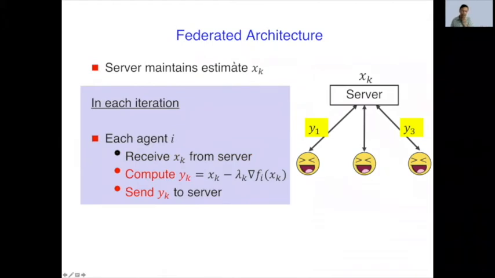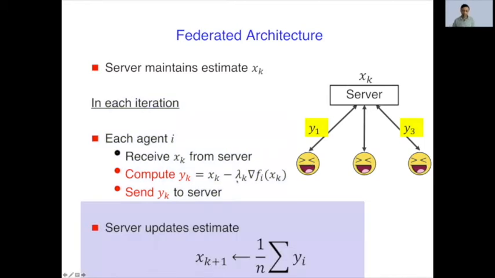Now, in this so-called federated architecture, the behavior of the agents is slightly different. The server maintains an estimate as before, and sends the estimate to the different agents. But what the agents perform is actually a gradient step. For example, agent 1 will receive the estimate xk from the server, and then it performs a gradient step using its own gradient locally.